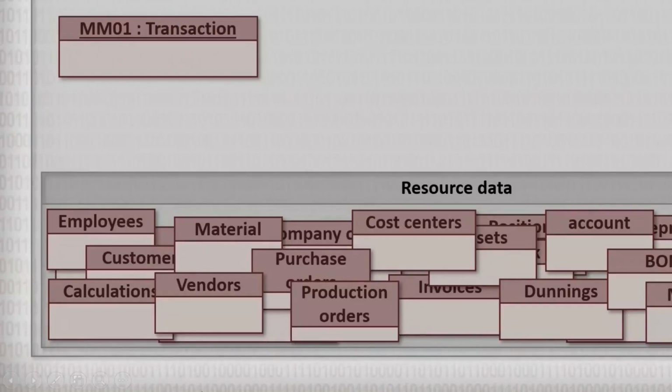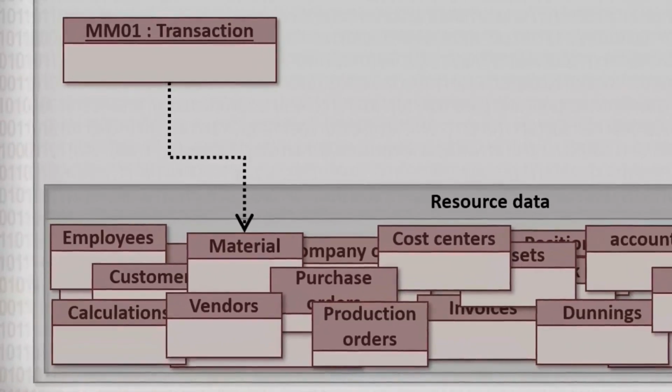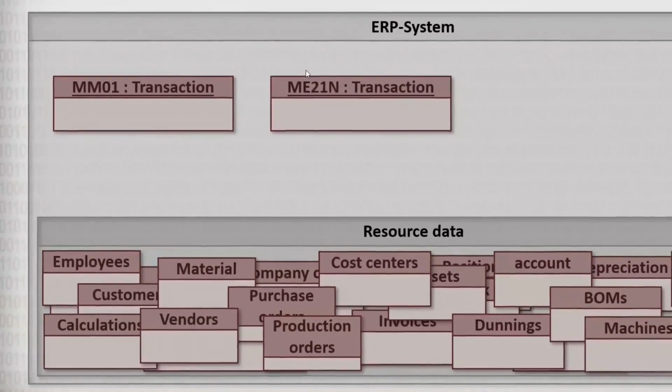If you want to order a new screw, it is not yet defined in the ERP system. You call transaction MM01 and create this material. In that case, you would only access material data and add a new entry there. If you want to order the screw, you can call transaction ME21N.